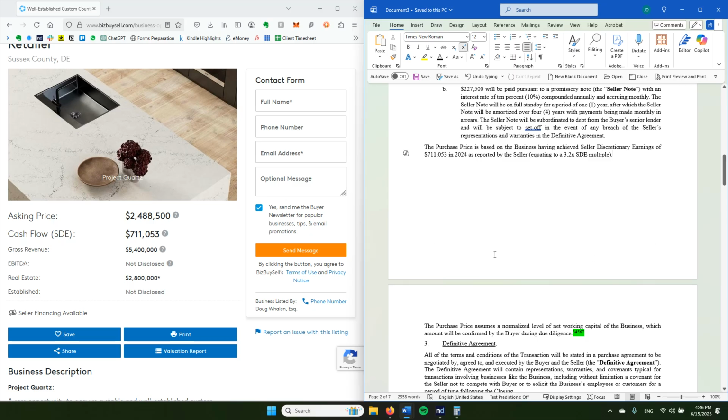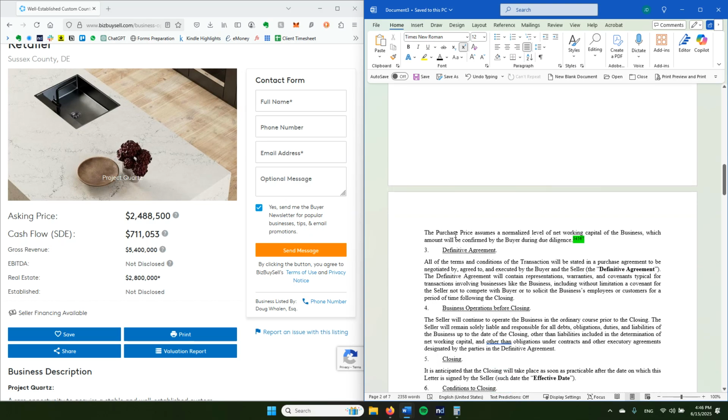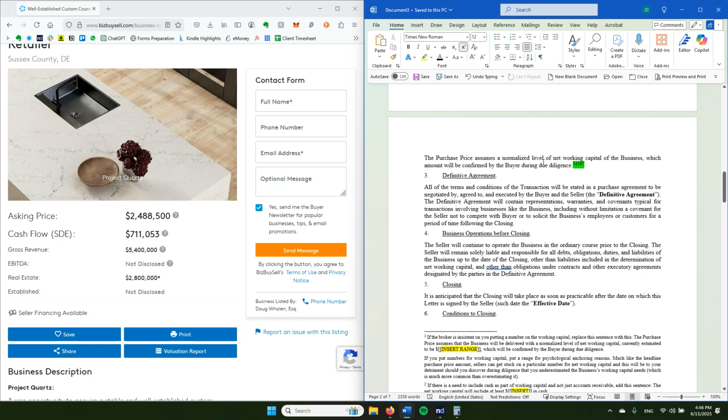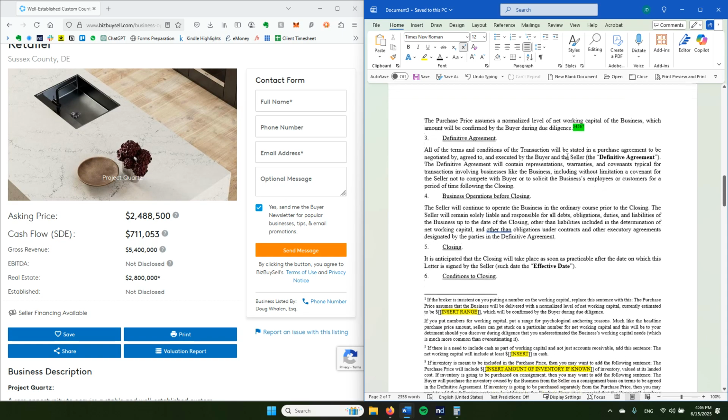Alright, and then we have the purchase price assumes a normalized level of net working capital. I'm not going to include a number here.